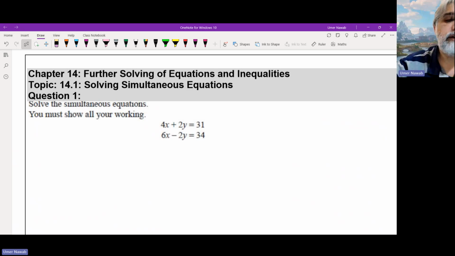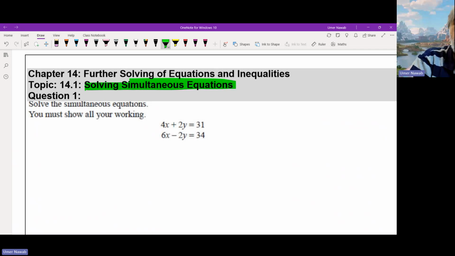Here we are going to start chapter number 14, and 14.1 is related to simultaneous equations. And with simultaneous equations, he always gives you a first equation that contains two terms on the left. You know, the first term is 4x, the second one is 2y, and then it equals 31.